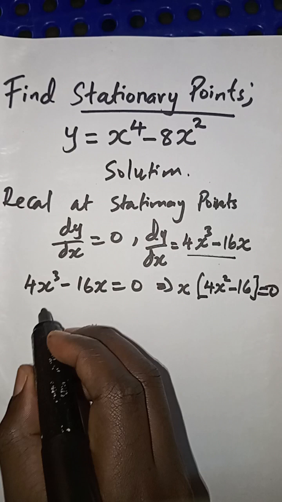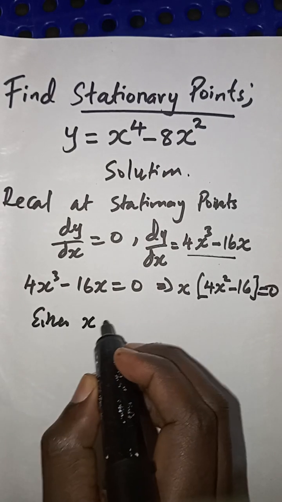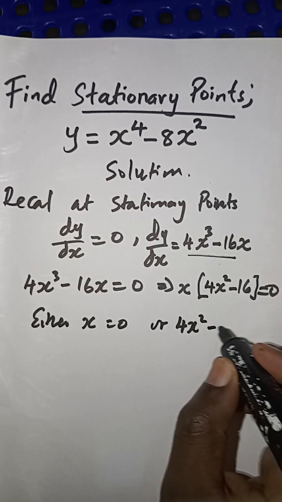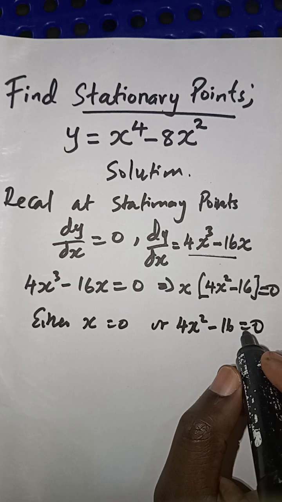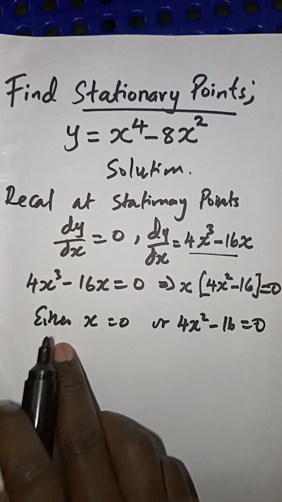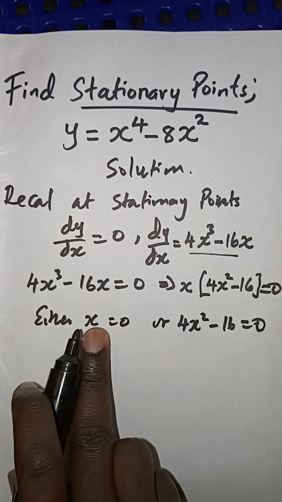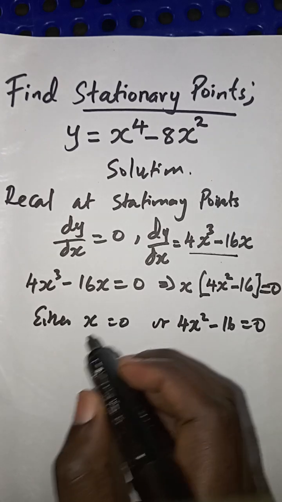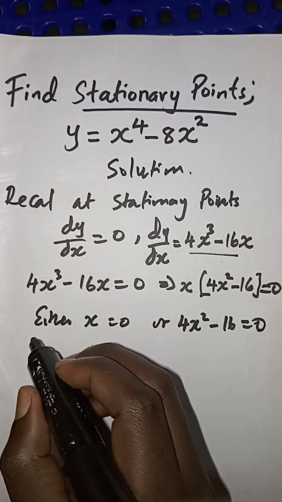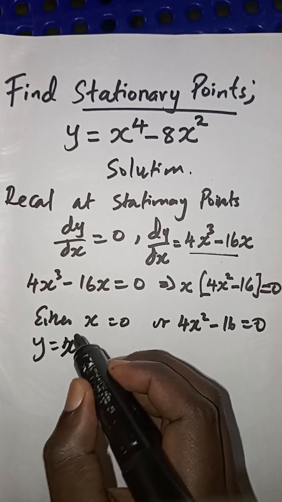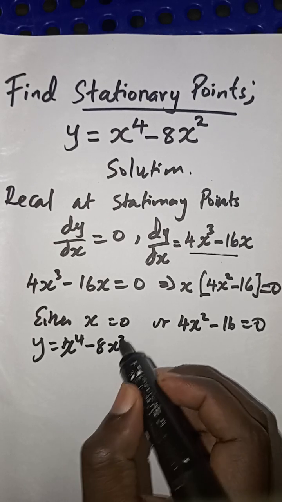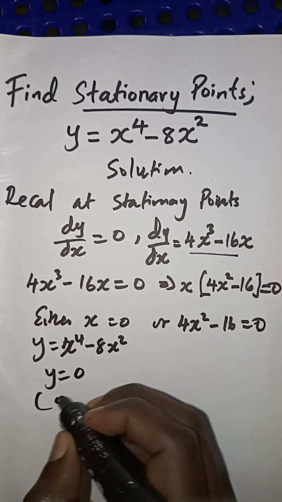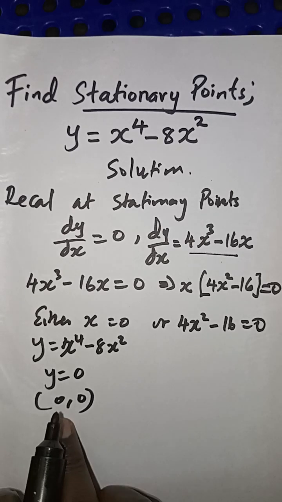It's either x is equal to 0 or 4x squared minus 16 is equal to 0. For x equal to 0, if I substitute into y, wherever there is 0, I'm going to have y also 0. So of course, I have the first coordinate.